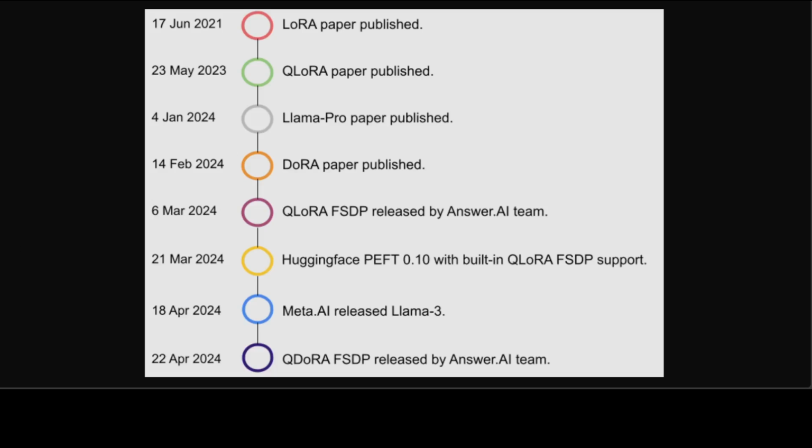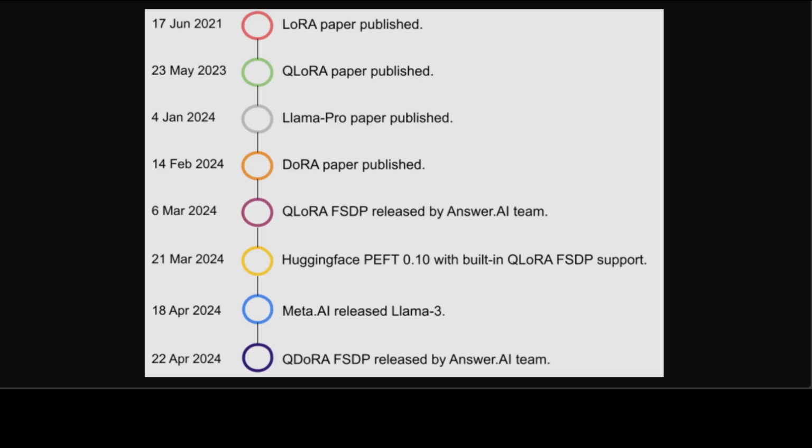So this QDoRA is a memory efficient and scalable technique which is helping us fine-tune models as accurately as possible at a very high level. Now, this QDoRA is as memory efficient and scalable as FSDP QLoRA, and critically is also as accurate for continued pre-training as full weight training.